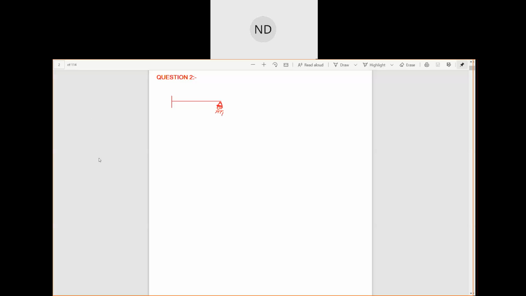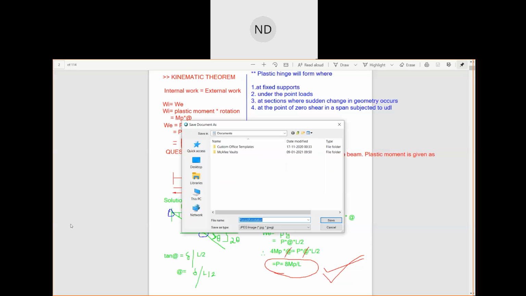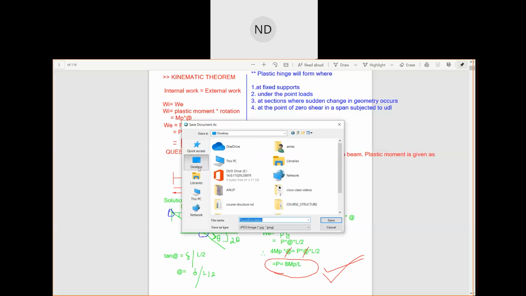Then we have a load here at the center. This is your L. This is your fixed.